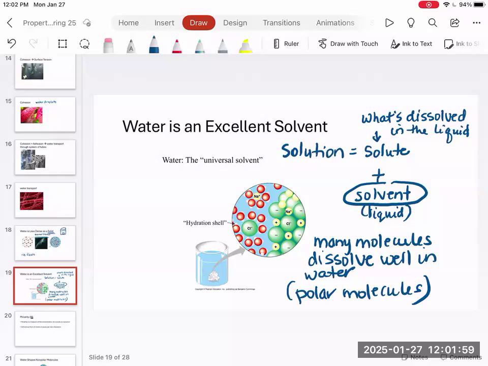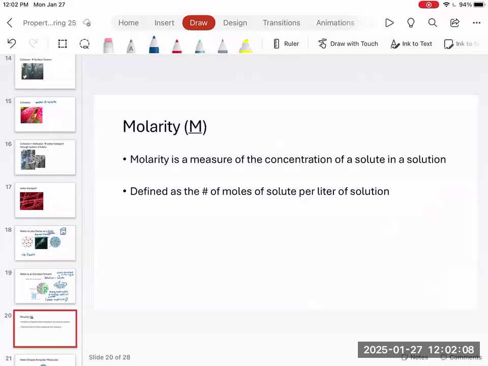But anyway, when we start talking about solutes moving across cell membranes, we're going to use an important term called molarity. This is the measurement of the concentration of a solute in a solution, and it's defined as the number of moles of solute per liter of solution. We will talk about this more when we get to the cell, but I want to introduce this concept now so that when you hear this term later, you'll know what we're talking about.